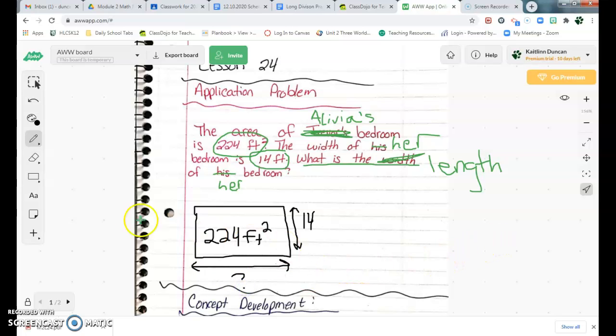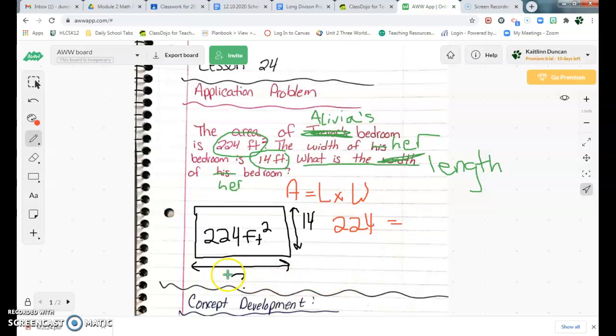Now, yesterday we went over what the formula for area is. We said that area equals length times width. Okay, and we also know that we can plug in the information that we have in our problem to figure out what we need to do to solve it, to find that missing information. Well, I have my area, so I'm going to put down 224 for area.